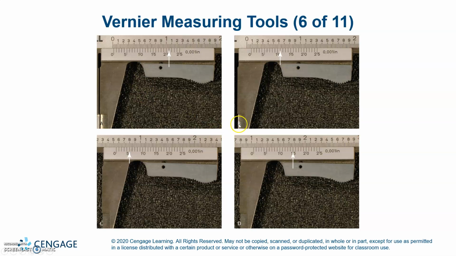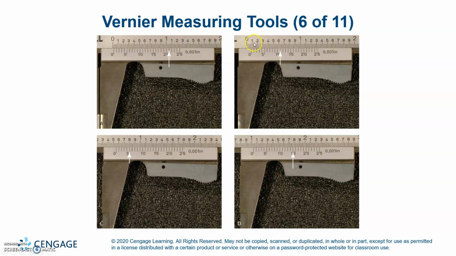Alright, on B, you see how this 0 is after this third line. Like I said, each one of these lines is 25 thousandths. So you got 25, 50, 75 thousandths because it's after this third line.